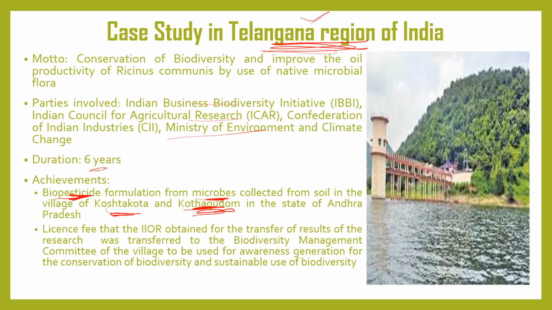They were modified to improve the pesticide producing capacity. These biopesticides were applied in castor oil producing areas, and they helped in improving the yield of the castor plant. So this is the Indian scenario in Telangana.